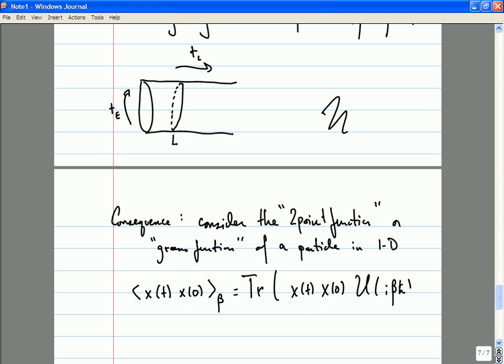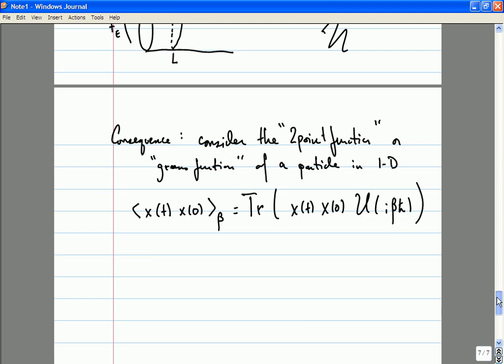And I can use the fact that x of t is u of minus t times x of 0 times u of t, times x of 0 times u of I beta h.